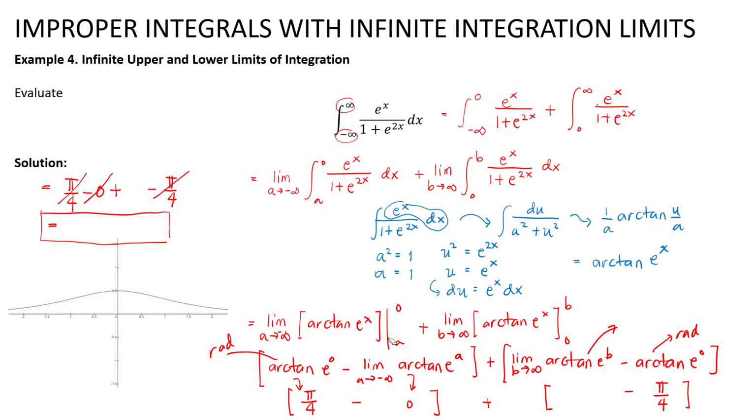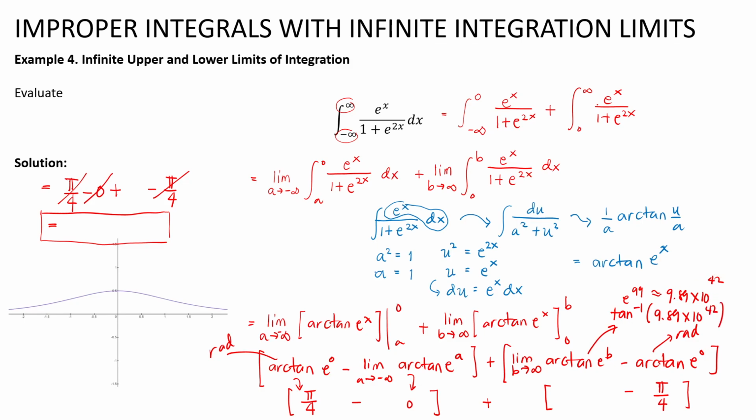So let me correct it first. If I plug in e raised to 99, this will give me 9.89 times 10 to the power of 42. Then I plug in arctangent of 9.89 times 10 to the power of 42.